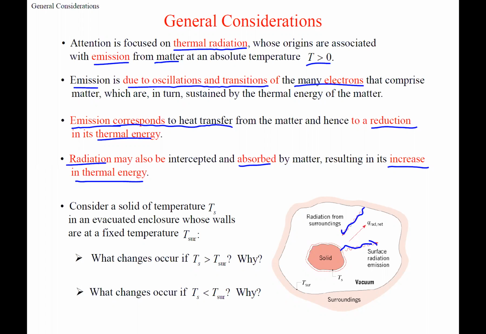The surroundings are emitting, but then what it's emitting is going to hit that solid, okay? And you get a net radiation heat transfer between these two, and you might have a net radiation leaving or net radiation entering, depending on which temperature is higher. Right?